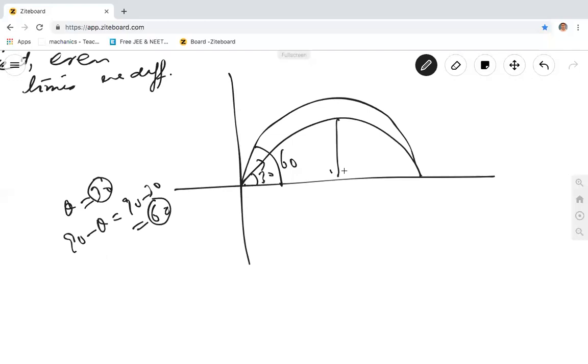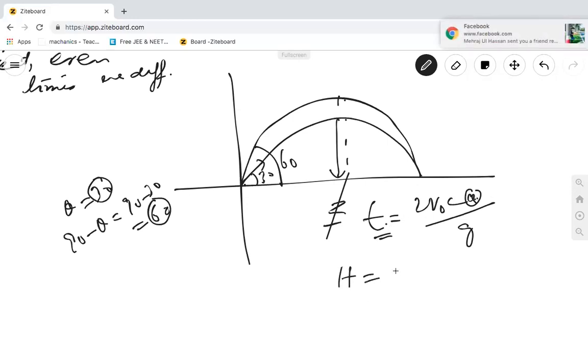Vertical heights are different. Even times are also different, because time is equal to twice v0 sin theta by g. अगर थीटा 30 है तो टाइम कुछ होगा, अगर थीटा 60 है तो टाइम डिफरेंट होगा. तो h is also equal to v0 square sin square theta by 2g.